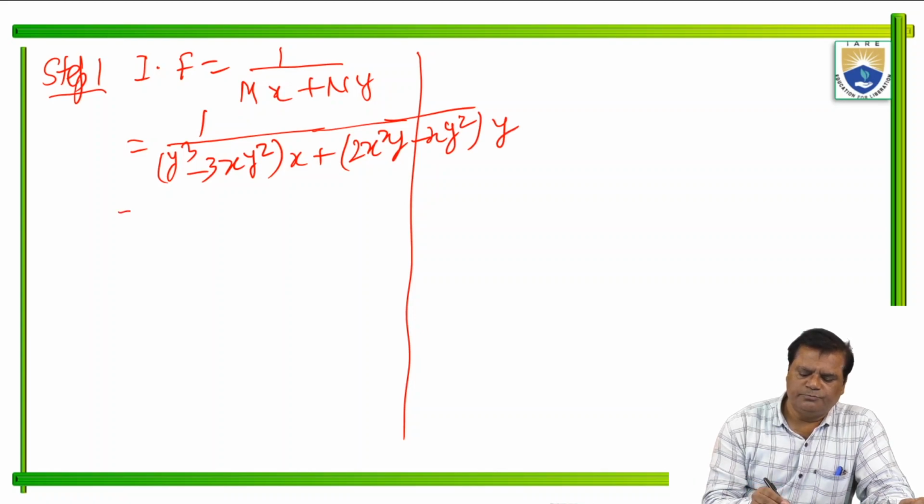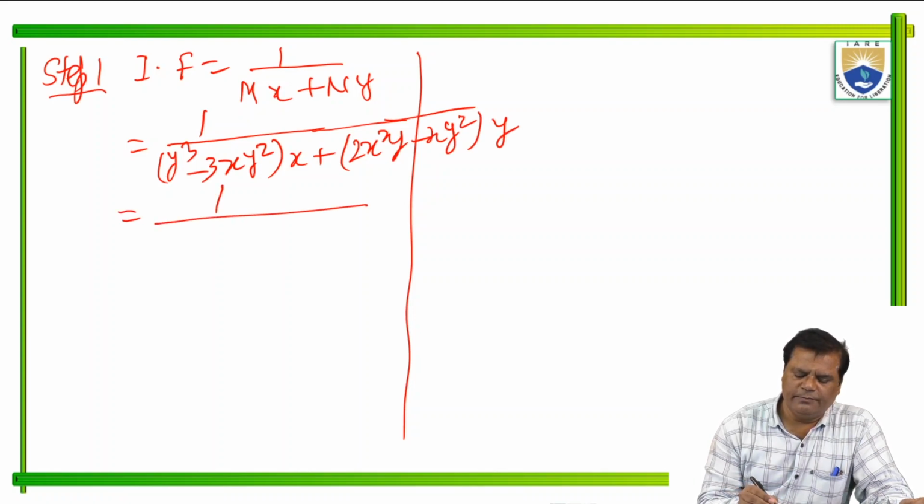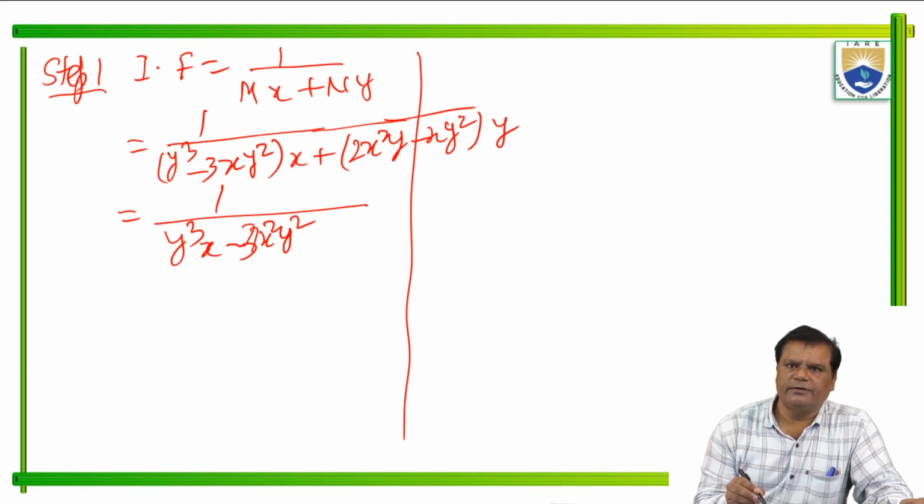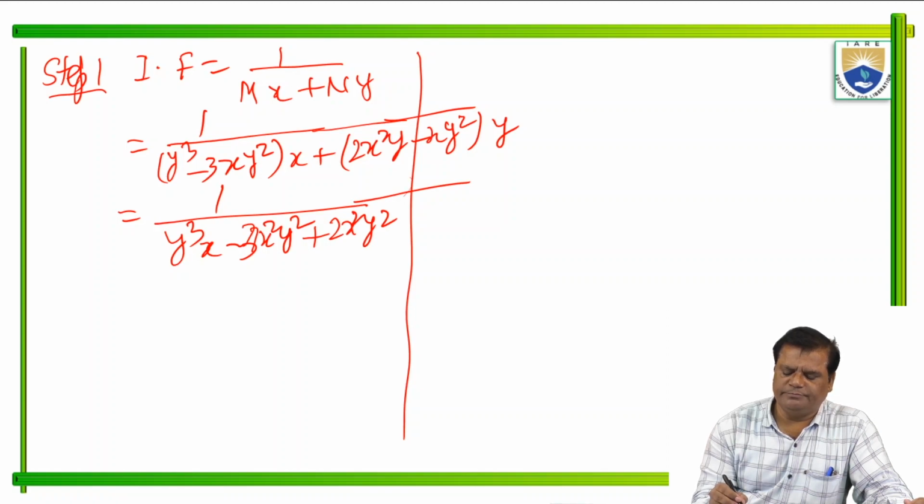So now this is 1 upon (y cube x minus 3x square y square) plus 2x square y square minus x square y square minus xy cube.